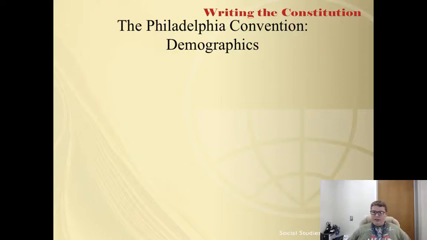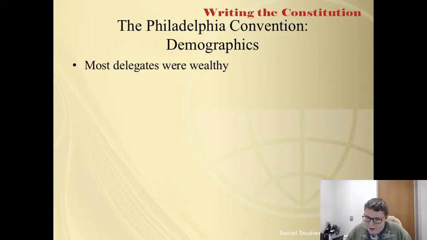Nearly two-thirds of delegates had law degrees, and 40 had served in the Confederation Congress, knowing firsthand the weaknesses of the Articles of Confederation. More than half, including Washington and Hamilton, had served as officers in the Continental Army during the American Revolution.